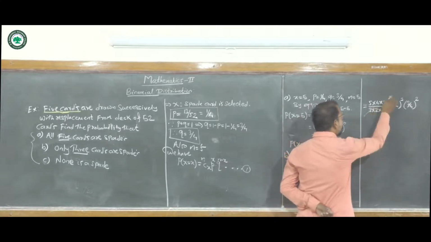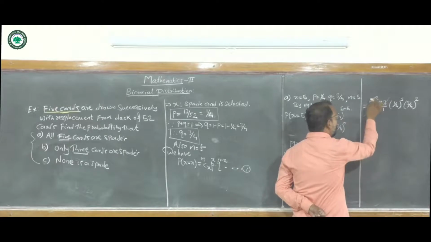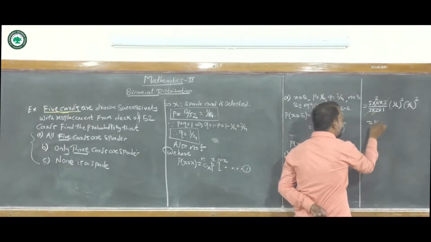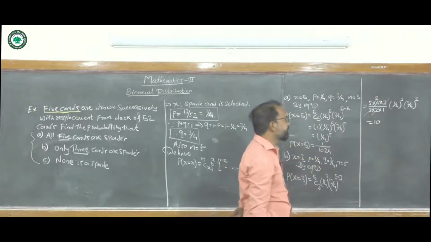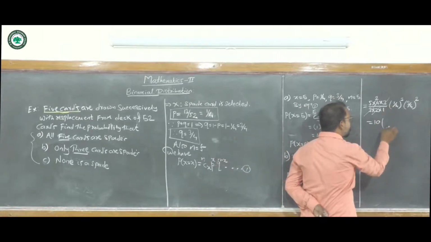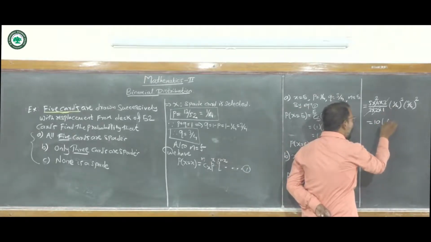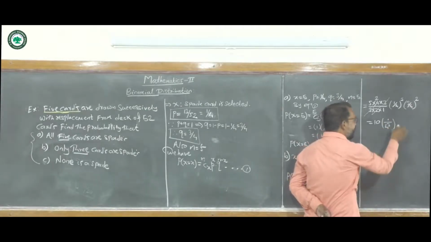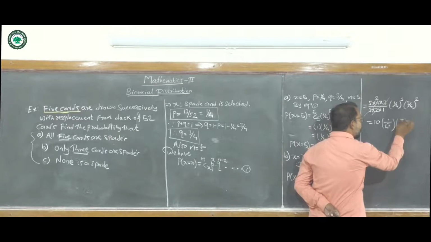This 3 gets cancelled, and 2 twos are 4, so it becomes 5 into 2, that is 10. Using the law of indices, it becomes 3 squared upon 4 to the power 3 plus 2.